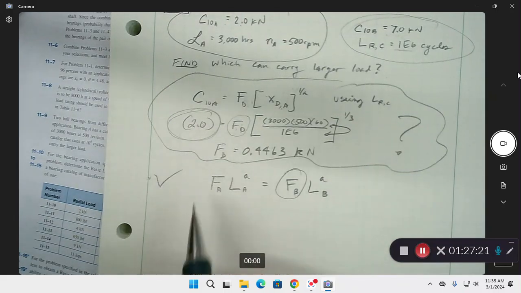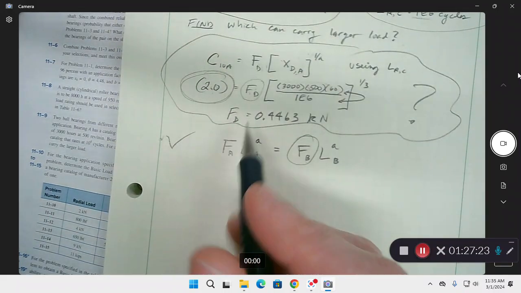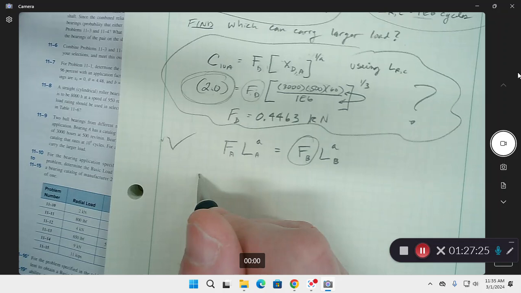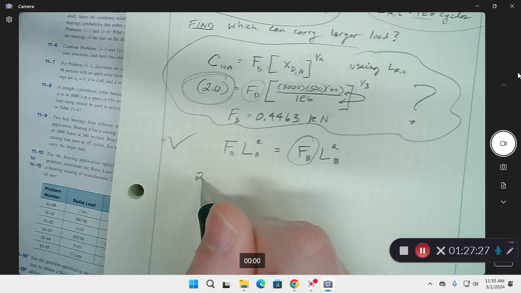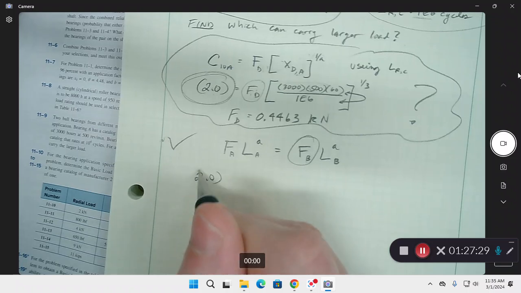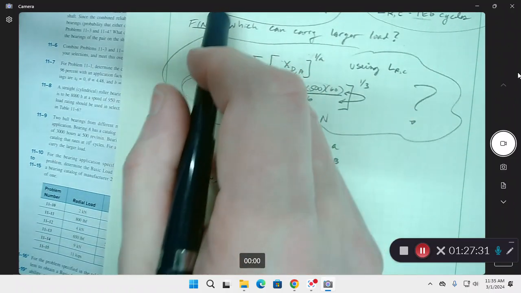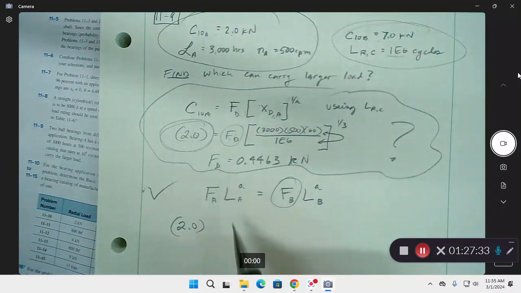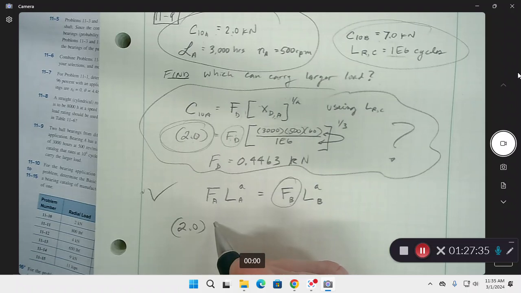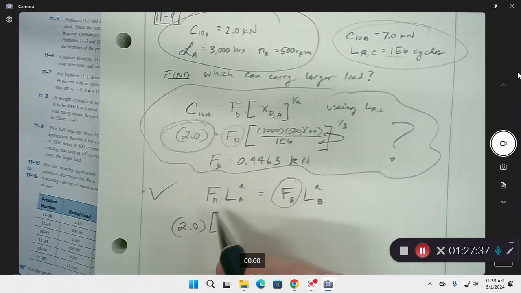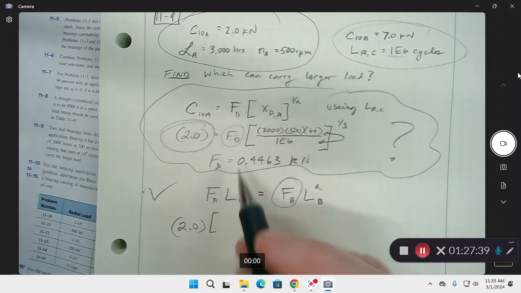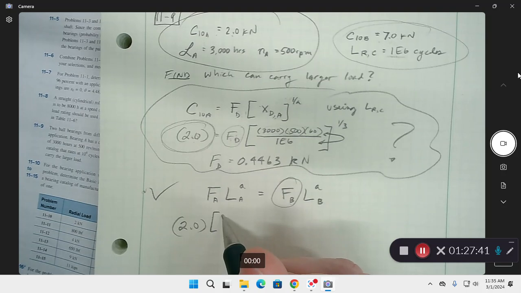This is going back to basics. So if you were to say that you had 2.0, that's the catalog rating right here, times, I said before that this messes me up.